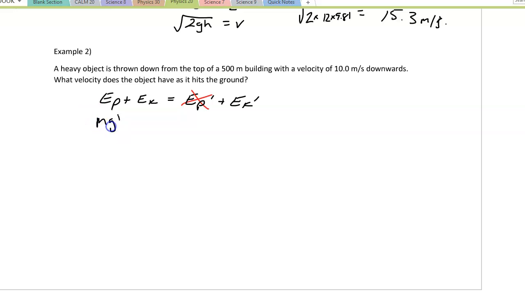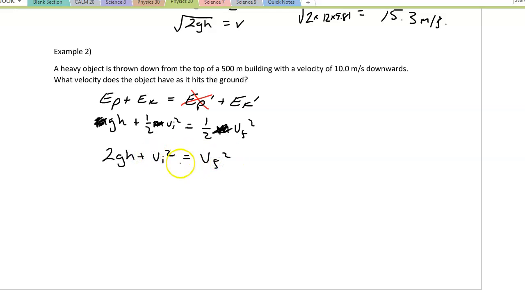So we've got mgh plus 1/2 mv squared is equal to 1/2 mvf squared. Again, masses cancel out of every term, not just two of them. And multiplying everything by 2, you got 2gh plus vi squared is equal to vf squared. This is again the same formula that you would be using potentially with the kinematics. We're just using the law of conservation of energy.